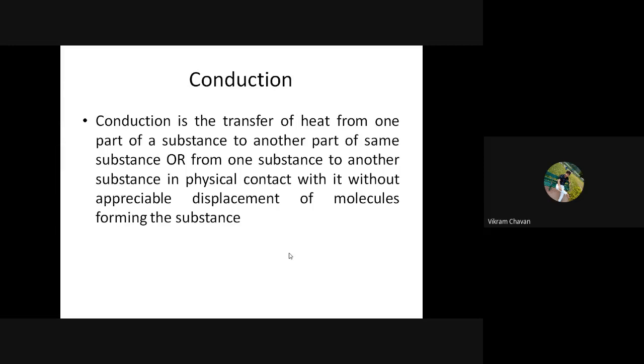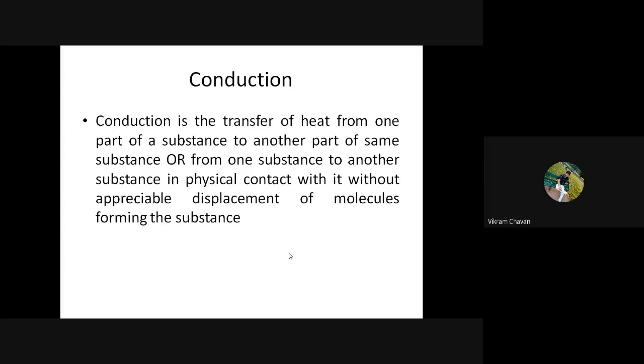In the last lecture, we started our main core chapter, conduction, and discussed the difference between thermodynamics and heat transfer. Thermodynamics deals with the equilibrium state of a substance, whereas heat transfer deals with non-equilibrium states.